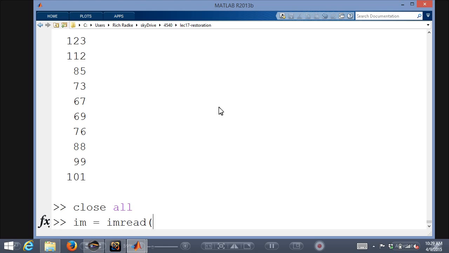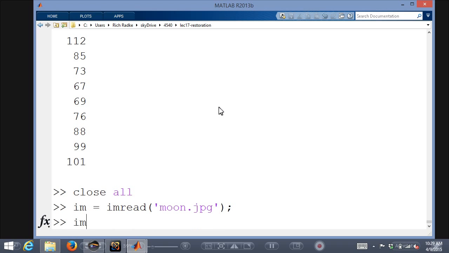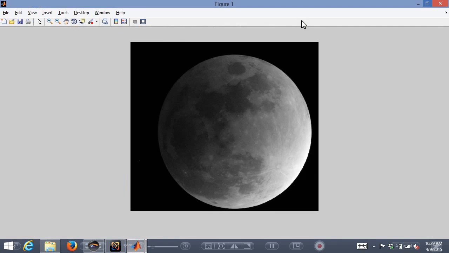So here's a real example. This is an image of the moon that one of my grad students a long time ago took through a telescope. So this is an actual image, and I'm going to use it as a running example. One thing is that it's a little bit blurry and a little bit noisy.